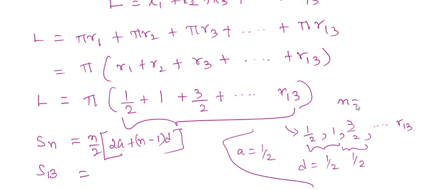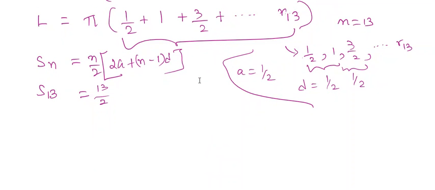Therefore, n is equal to 13. So put 13 divided by 2 into, open the bracket, 2a. So what is a here? Which is nothing but 1 by 2. Always keep it inside the bracket to be on the safe side. Plus n minus 1, so 13 minus 1. Close the bracket. Into, what is the common difference? 1 by 2. That's it.